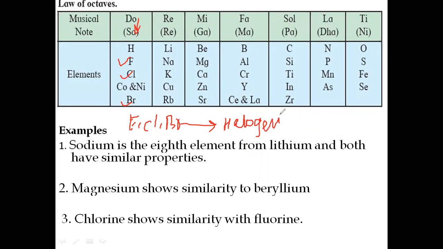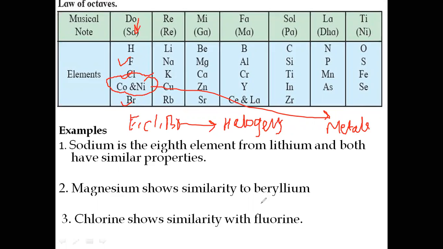Now, this node must contain all halogens. But the cobalt and nickel were placed in the same node, which are not halogens, those are metals. So here, Newlands placed elements with different properties together with similar ones. He mixed two types of elements. So this is the third limitation.